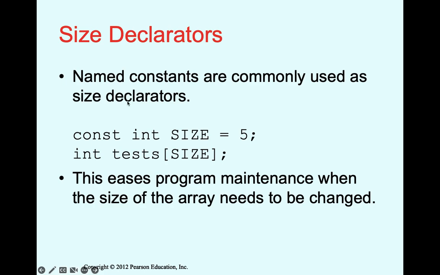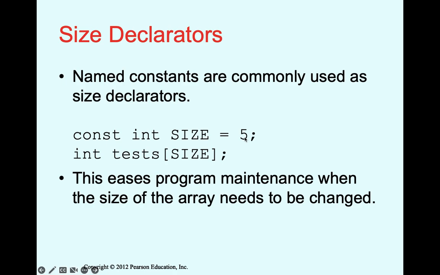Usually when we create an array, it's good practice to make a constant called size with the size of the array, and then we create the array of that size. Instead of writing 5 here, we make it a constant first and then use the size. Why do we do that?